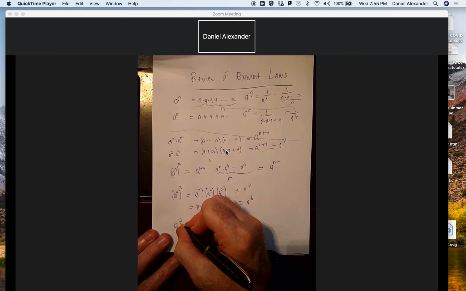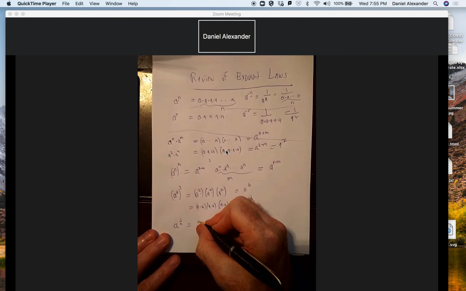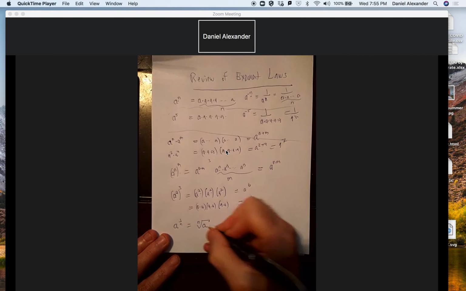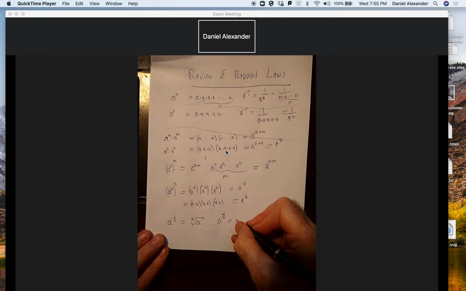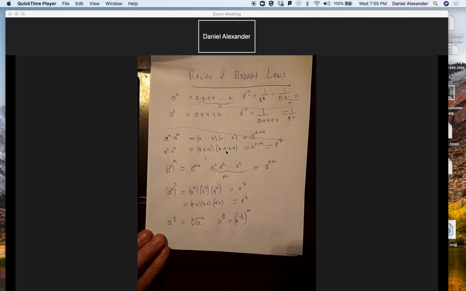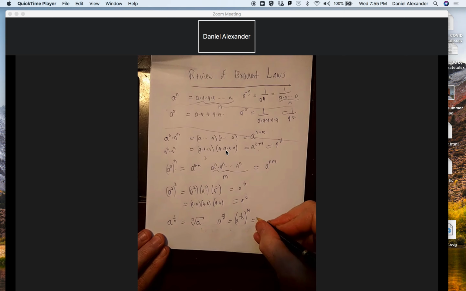Okay. So we have another one, some special ones, but I want to do this one first. A to the 1 over n is going to be the nth root of a. And then if I have a to the m over n, I think of it as a to the 1 over n, to the mth power. So that's going to be the nth root of a, m of those.